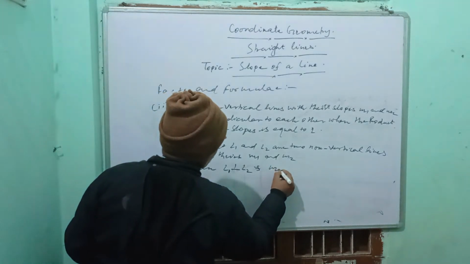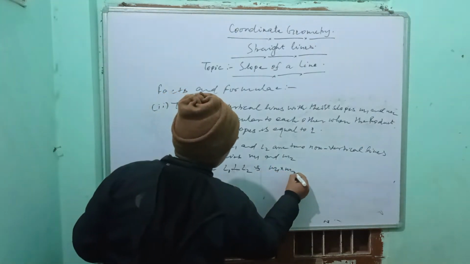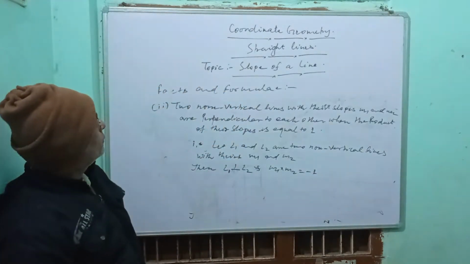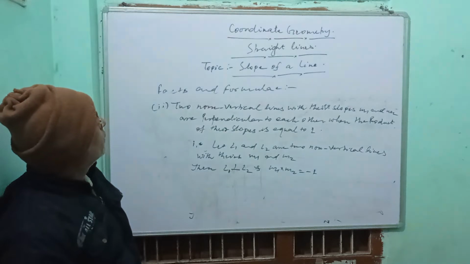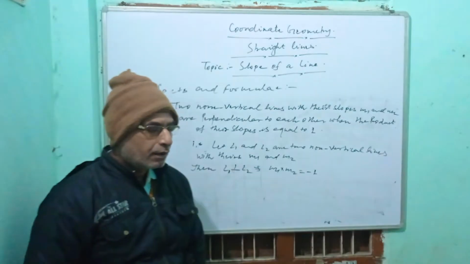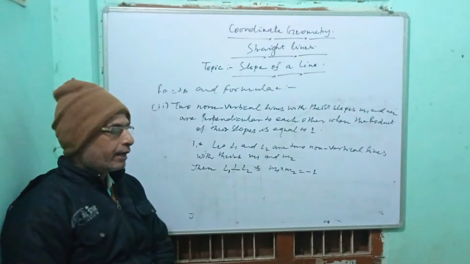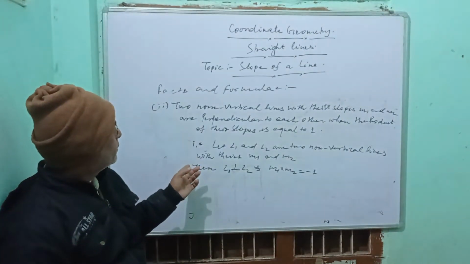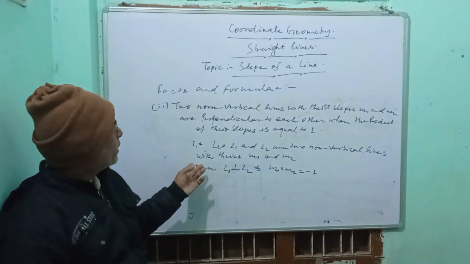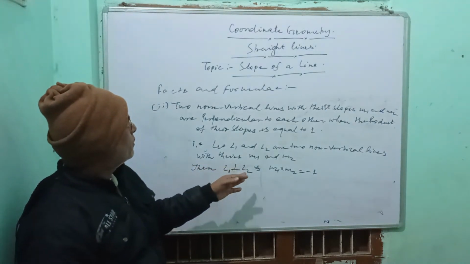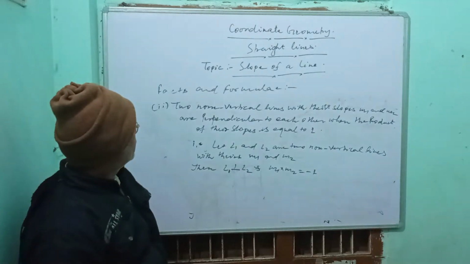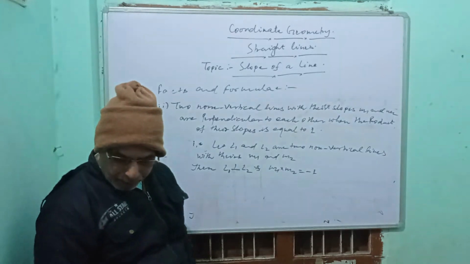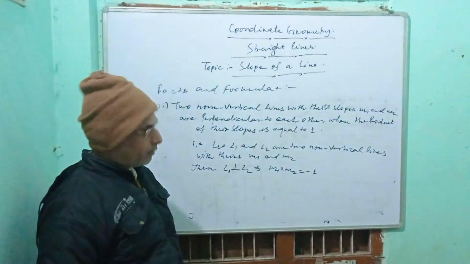This implies M1 into M2 is equal to -1. Means two non-vertical lines with their slopes M1 and M2 are perpendicular to each other when the product of their slopes is equal to -1. These are the two properties of slopes of lines.